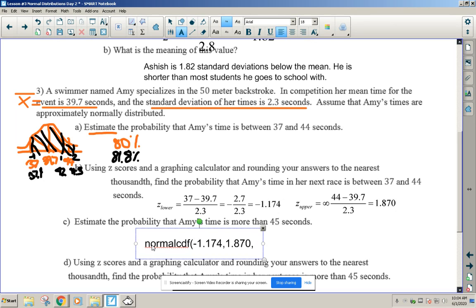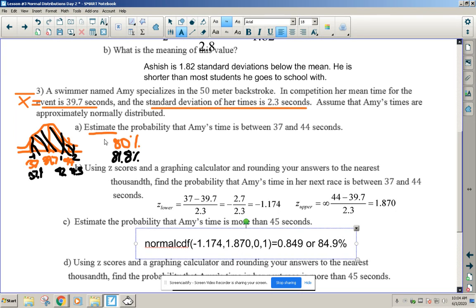But now we're using the normal curve. So the mean was always at 0, and each standard deviation is listed as a z-score of 1. So if I use the normal curve z-scores and I hit enter on my calculator, this is going to give me 0.849, or 84.9%.